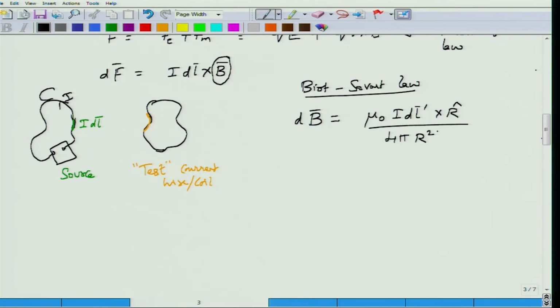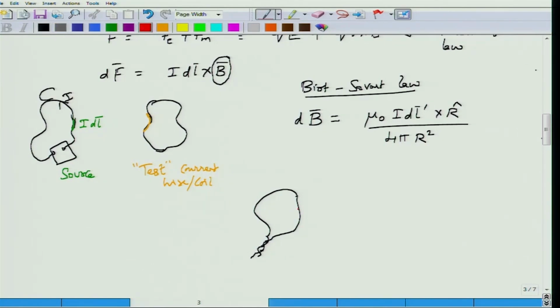Okay. So, probably a picture would be of good help here. What we are saying is that I have some circuit. So, I wanted to write a twisted pair to indicate that this is the circuit that is carrying current. Okay.